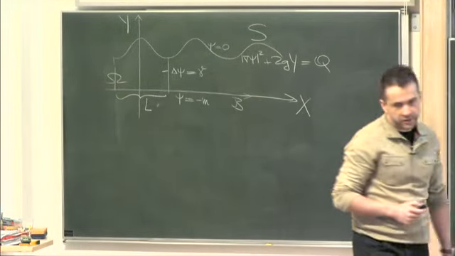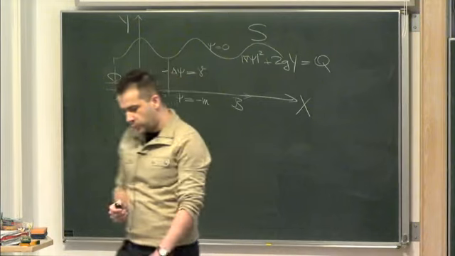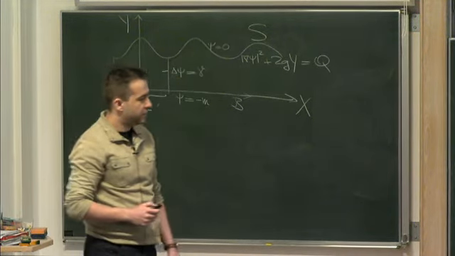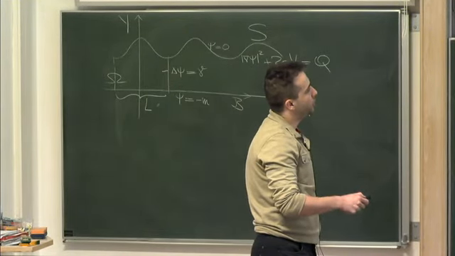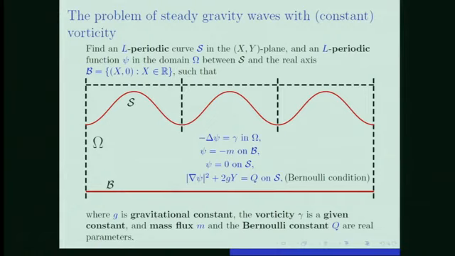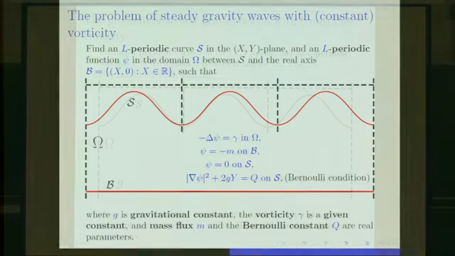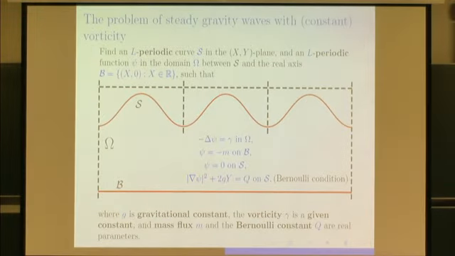So in fluid dynamics, this would correspond to a steady water wave. So the domain omega will be the domain occupied by the water, which is above a fixed horizontal bottom, and below the curve, above which there is an air region.